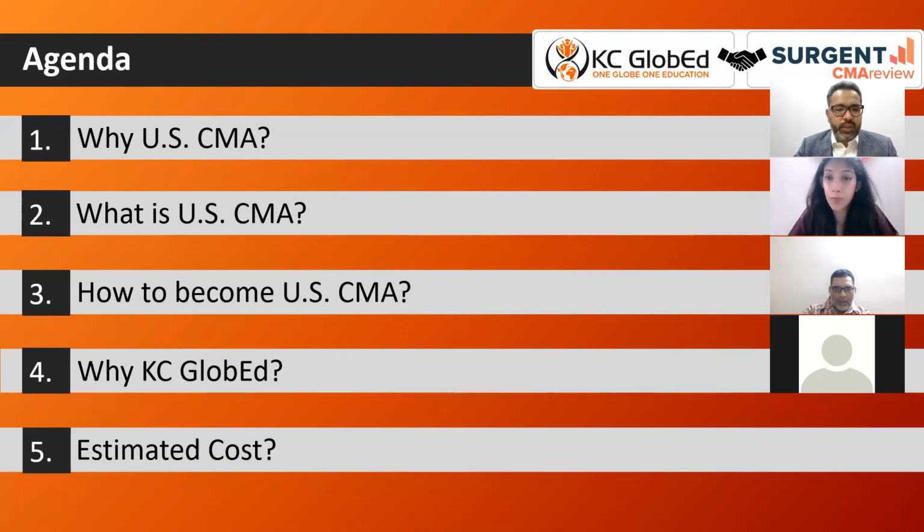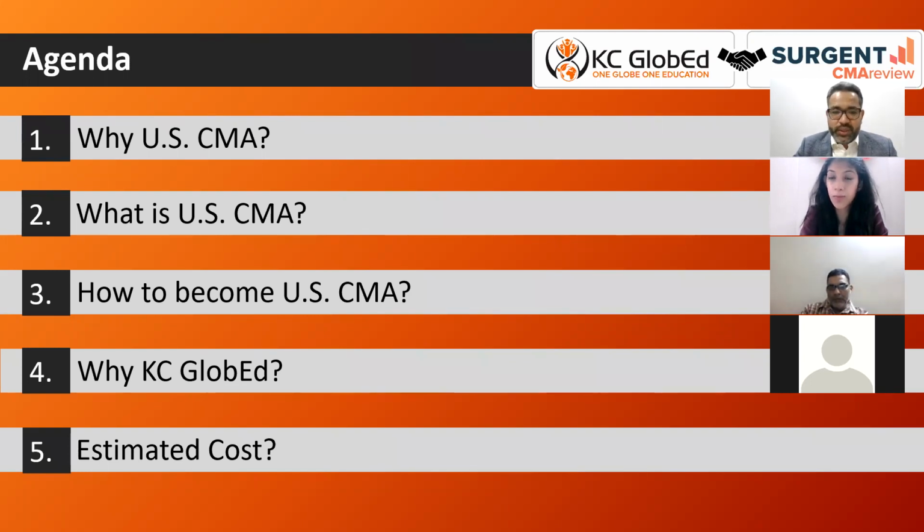Third, once a candidate understands why they should think about doing a US CMA as a career choice, and what is in US CMA, the third question naturally arises: how can I become a US CMA, and am I eligible or not? If I'm eligible, what process do I need to go through?